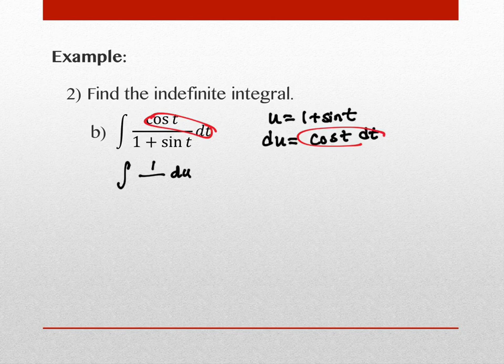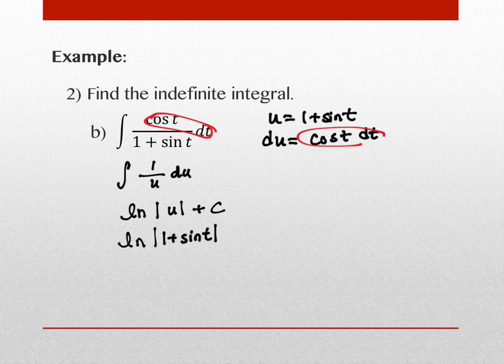And then I have 1 over, and then it's u in the middle. What is the antiderivative of 1 over u? Natural log, absolute value of u, right? Plus c. But what's u? 1 plus sine of t.